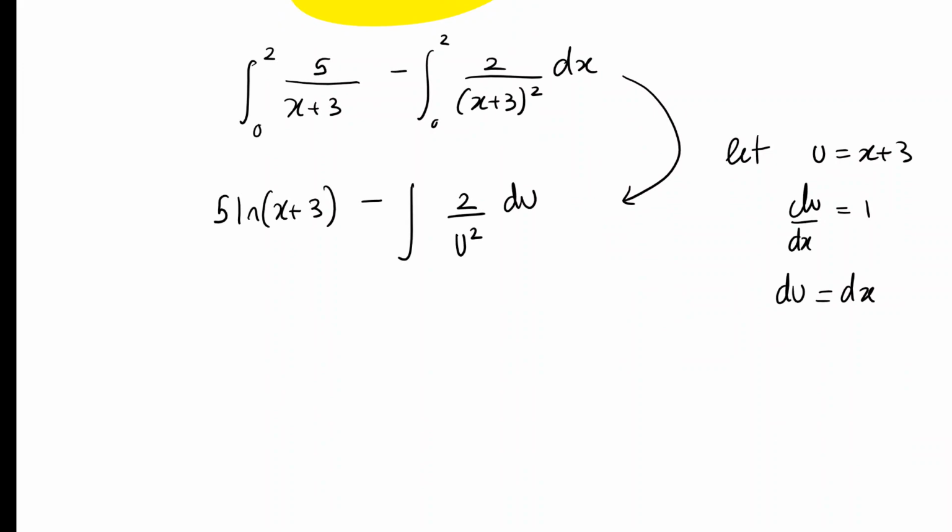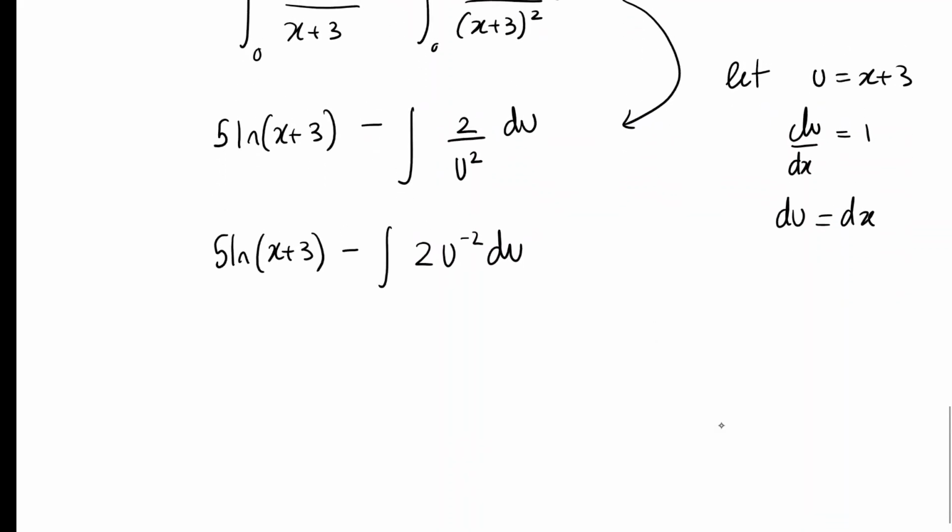I'm no longer writing the limits here because this is quite confused now. Things are written in terms of u's and x's. It's not particularly sensible to put the limits in. I'm rewriting the leading part of this, then minus 2u to the minus 2 du, and then integrating.